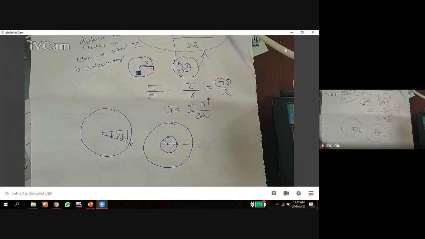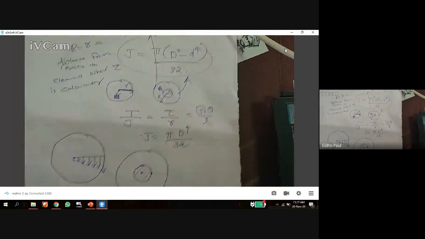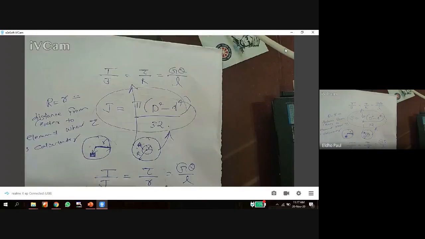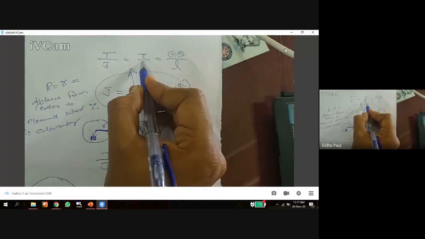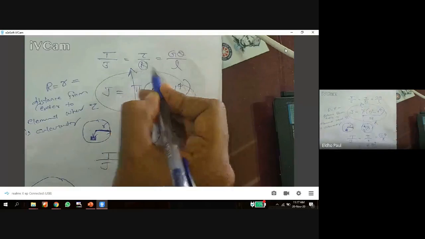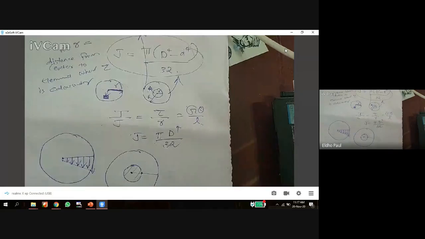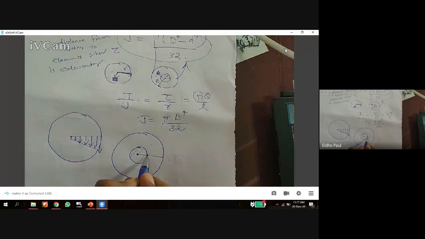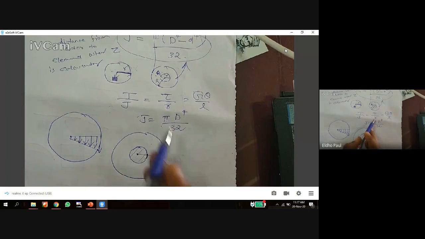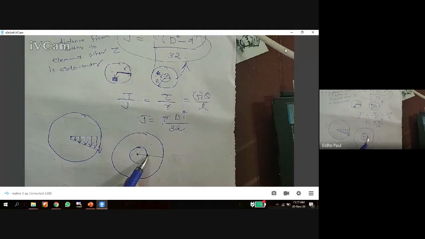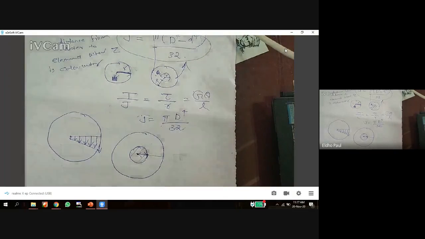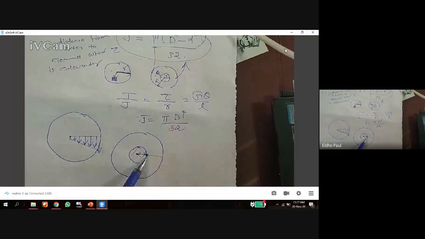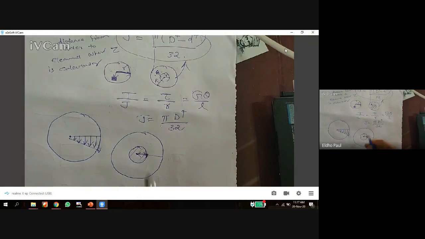It will be a value, because from this equation, this is for a hollow shaft. This r is the distance from the center to a point. So at this point, this r is not 0. So there will be a tau value here.